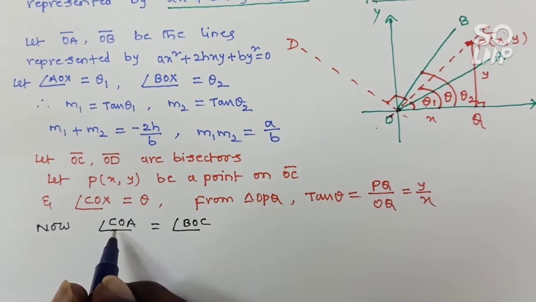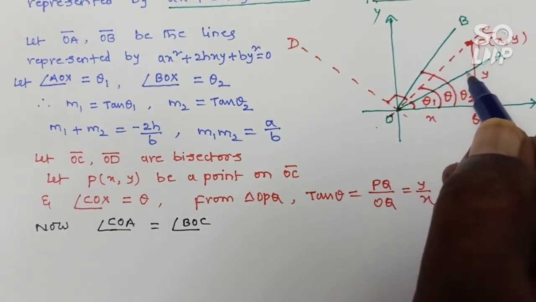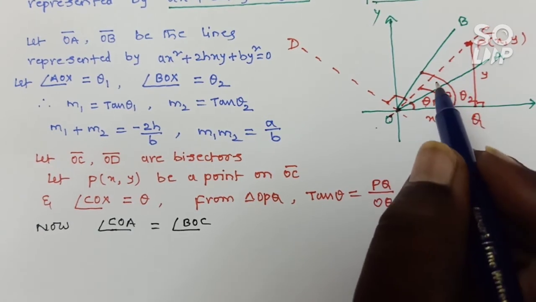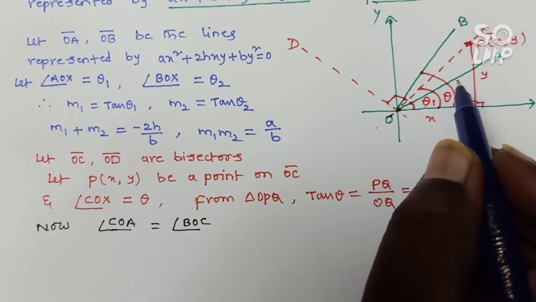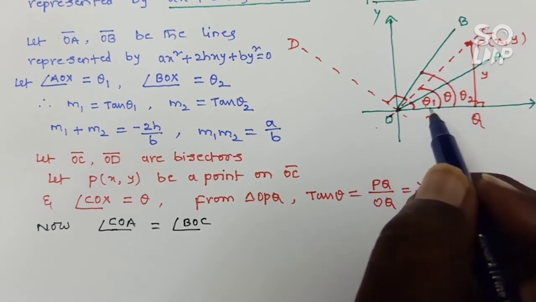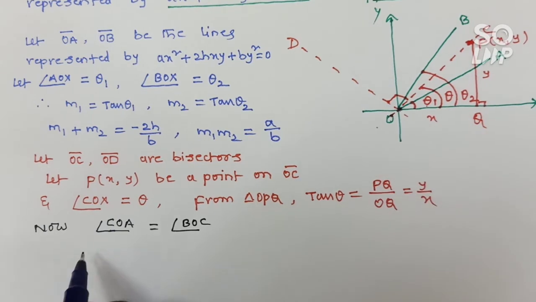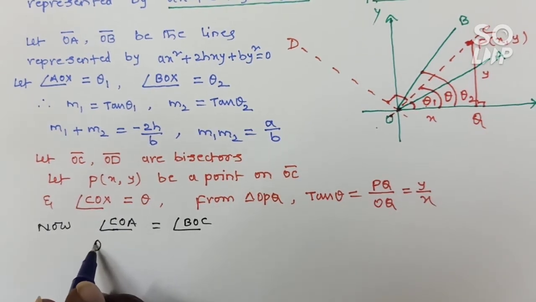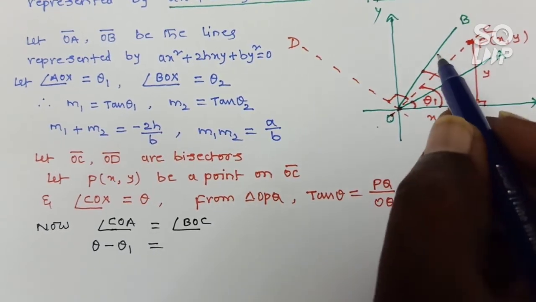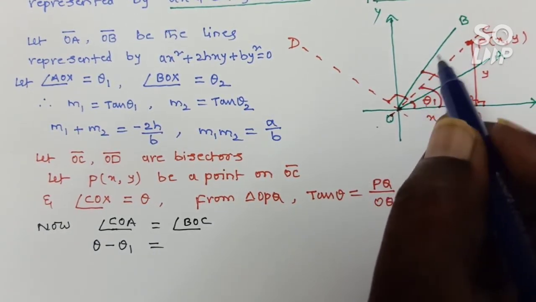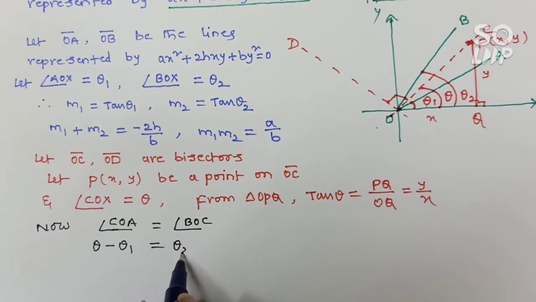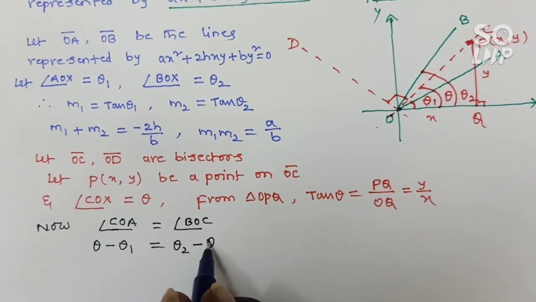What is the angle between OC and OA? OC is the upper line, so this angle is greater than OA. So OC angle is theta, OA angle is theta 1. So theta minus theta 1 is equal to BOC. OB is the upper line, so that is theta 2 minus theta.